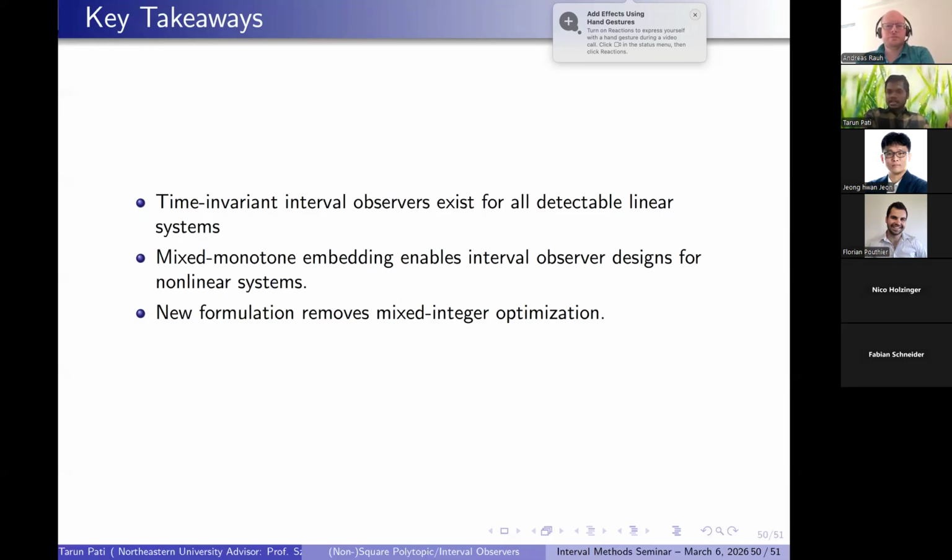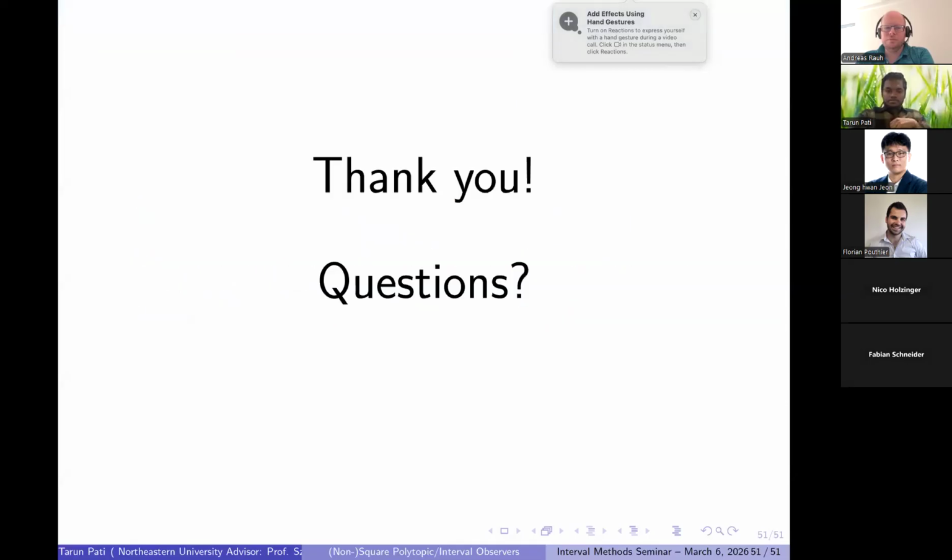We extended that formal guarantee to interval observer existence as well. With the second method, we've shown that using mixed monotone embedding systems enables us to construct interval observer designs for nonlinear systems without requiring additional positivity or cooperative constraints. Also, our new formulation removes any mixed integer terms, making the optimization computationally efficient.